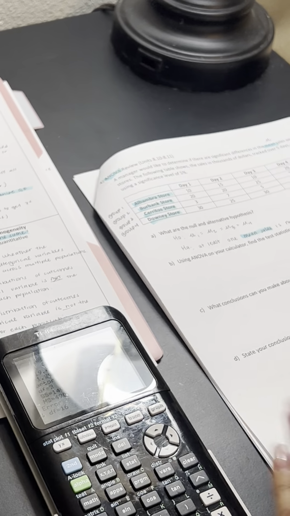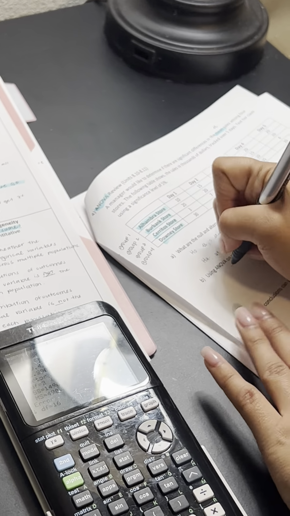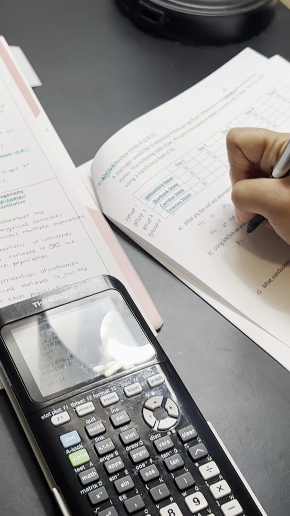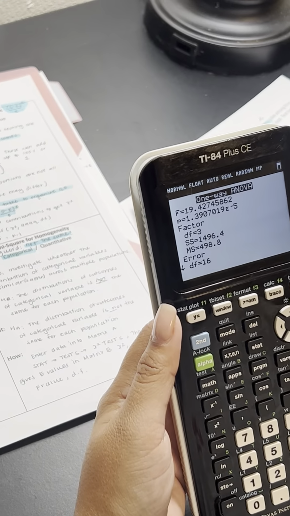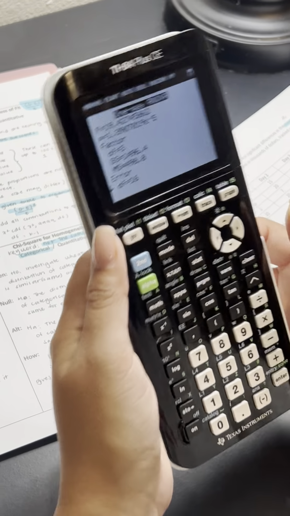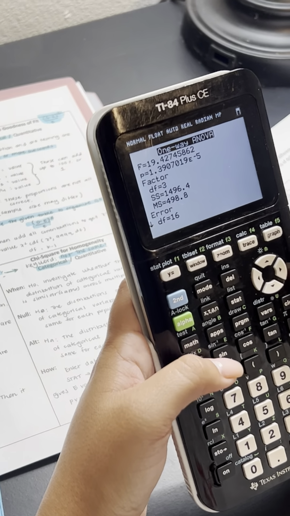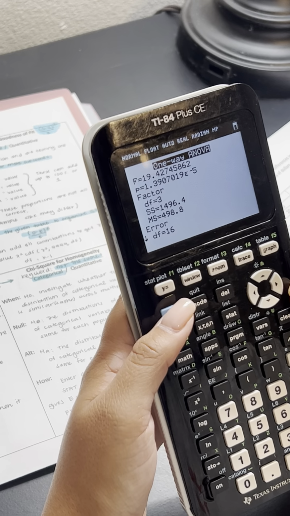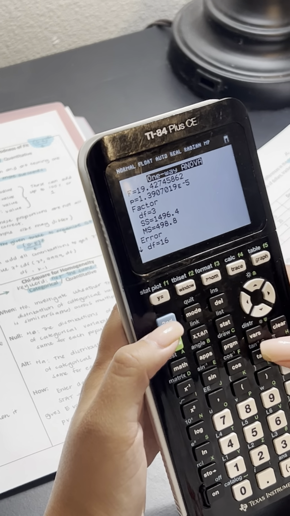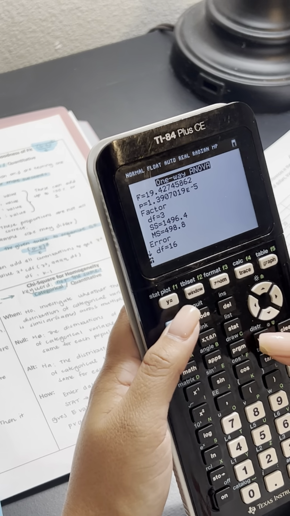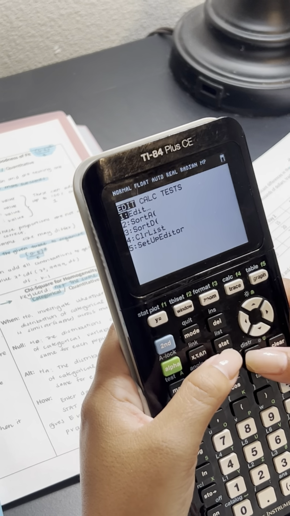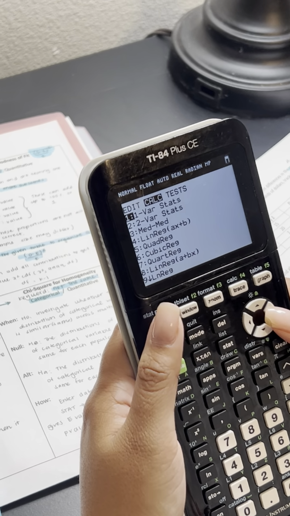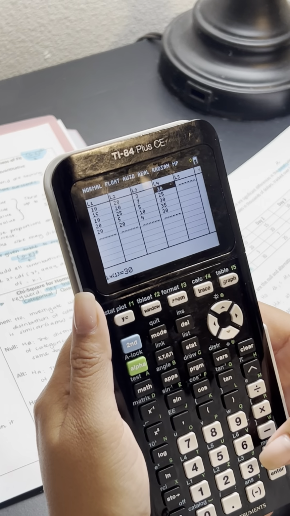So in this case, for our F, it's going to be, wait, I did something wrong. Okay, I did something wrong because that's not what our values are supposed to look like. Let me see if I can go back. Stat, calc.